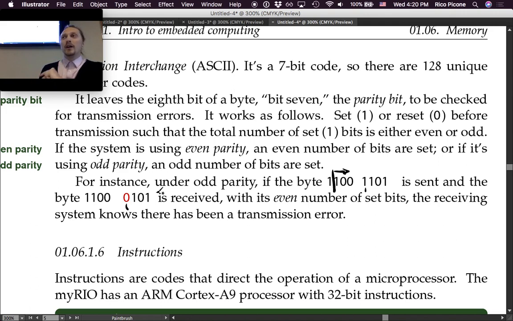And if it's quite low for 1 bit to flip, it's astronomically low for 2 bits to get flipped in the same byte. So that's how the parity bit is actually effective.